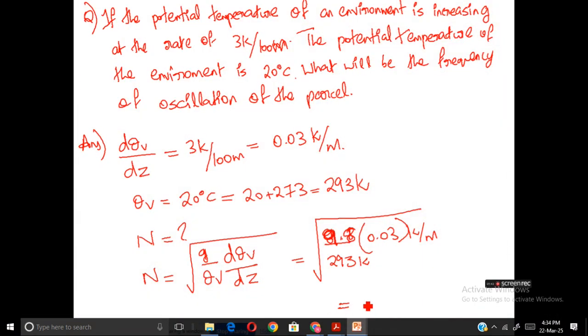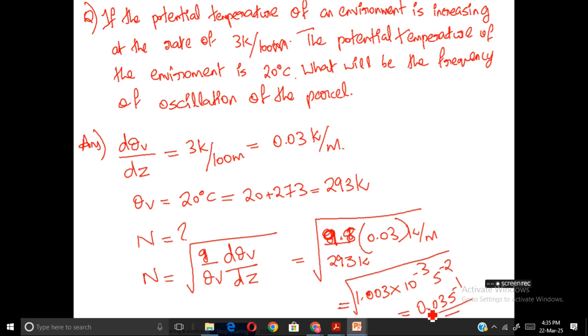So the value will come around 1.003 into 10 raised to minus 3 second raised to minus 2, and the square root of this will become 0.03 second inverse.